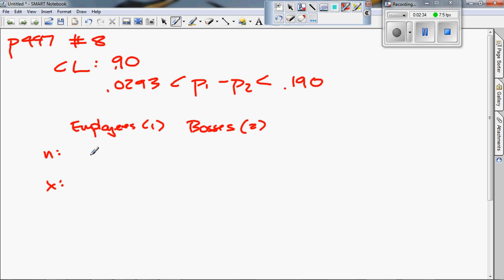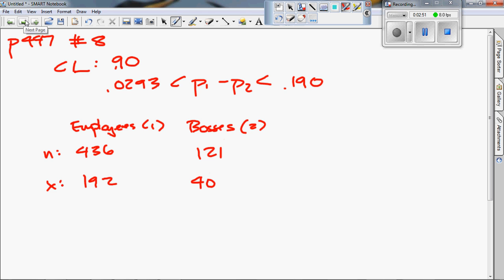Let me just fill this in. N1 was 436, X1 was 192, and then out of the 121 bosses, 40 of them.